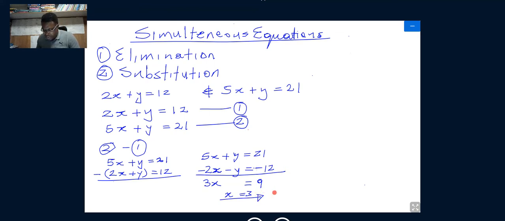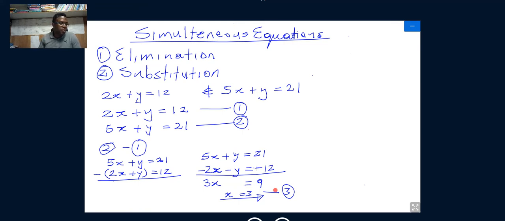We call this equation 3 because it's the third, the first, the second, the third, not because x is equal to 3. It's not related to that at all. We can have x equal to 7 and still call it equation number 3 because it's the third equation. We take the third equation and substitute into one of the above equations.